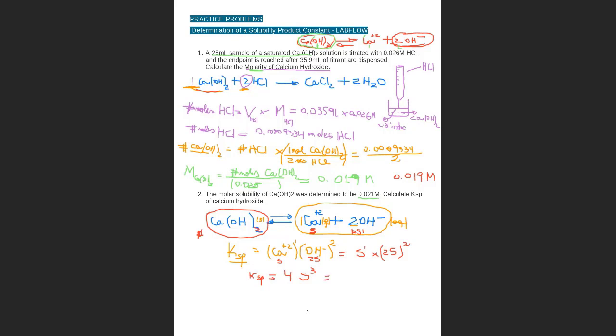And what is the number that you obtain? Johan gave me already the number. Exactly. S is 0.021. This is what they are giving me, the molar solubility. So the answer that I have is 3.7 times 10 to the minus 5.